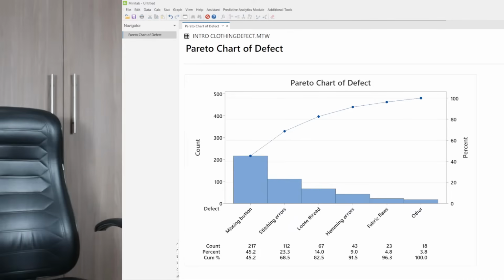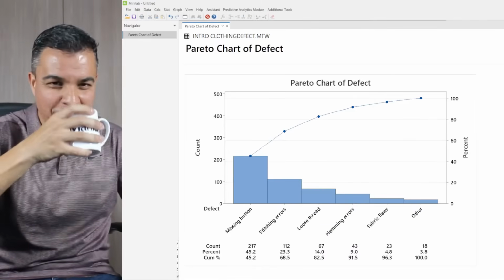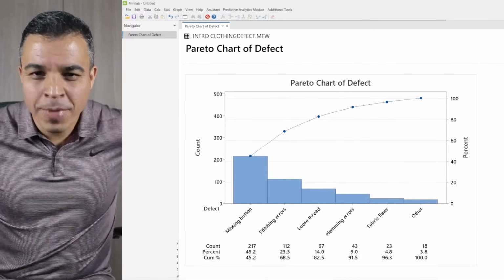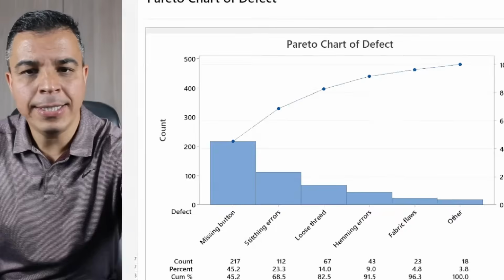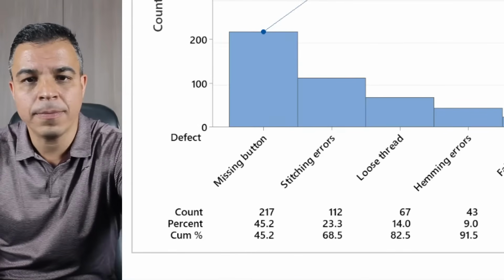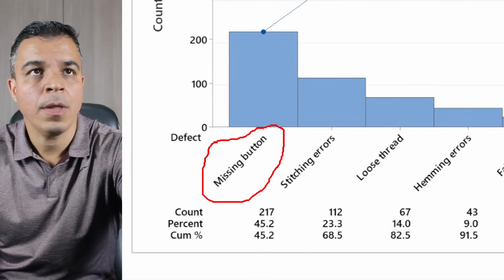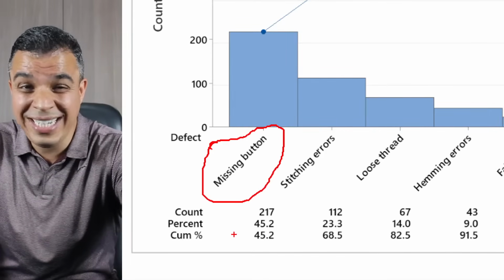I'm back. Yeah, can you guys see that missing button? Missing button is the most critical defect in terms of quantity.